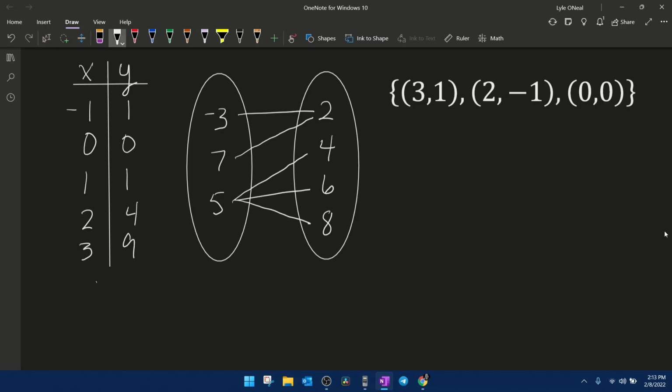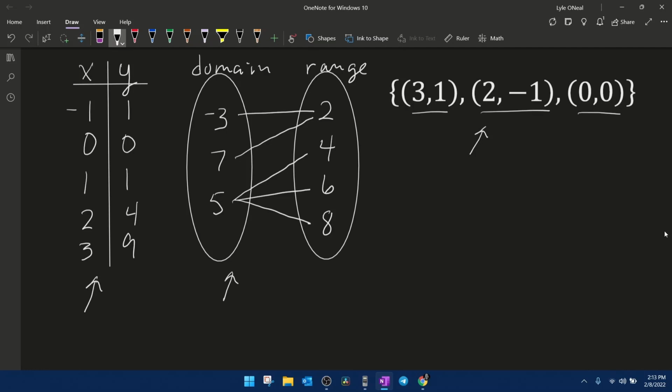The first example here would represent a correspondence where we can see how x corresponds to y. The second example would represent a mapping showing each element of the domain and how it maps to each element of the range. And then last, we have a set of ordered pairs.